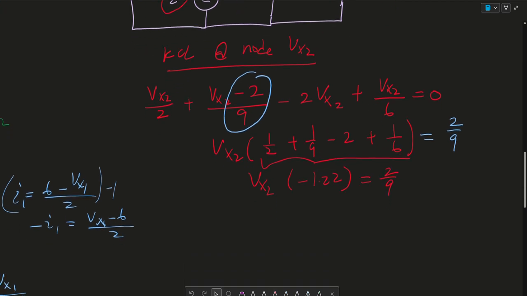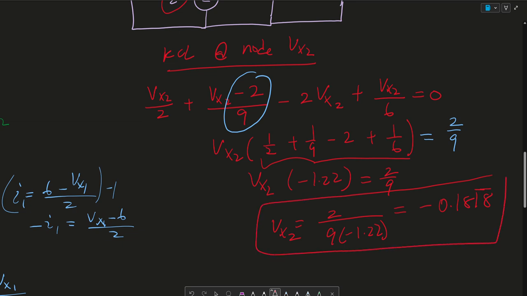If I divide, so Vx2 is equal to 2 over 9 divided by negative 1.22, which is equal to negative 0.1818 repeating. So this is my Vx of 2 right here.